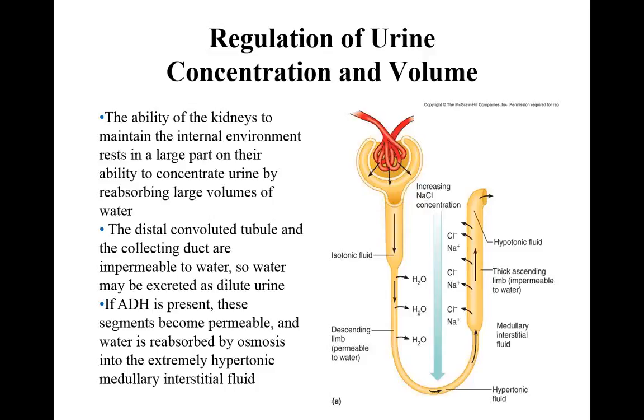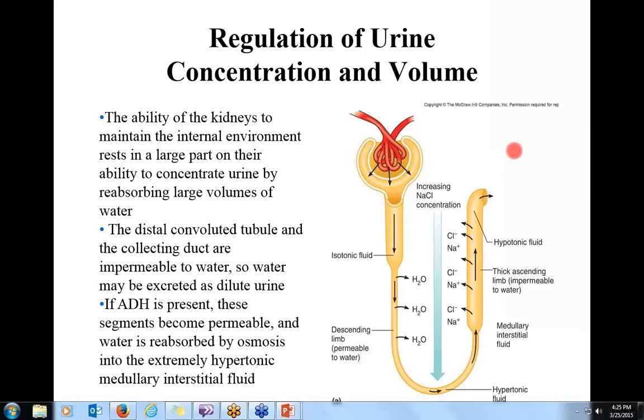So when you make concentrated versus dilute urine, the same three processes apply. What differs here, well, the type of nephron, but what we're going to talk about are some subtle differences in the loop of the nephron. This is the descending loop, and the descending loop is permeable to water only.